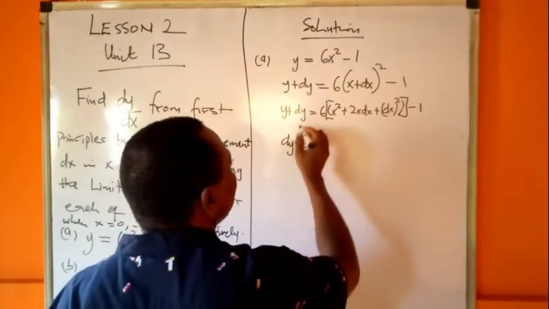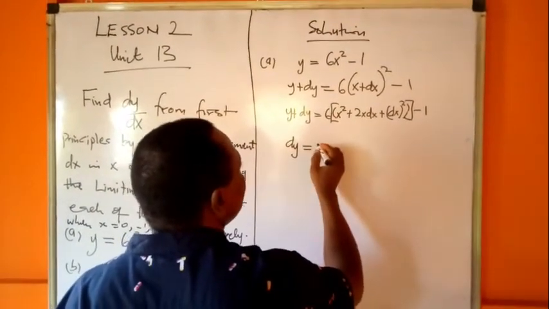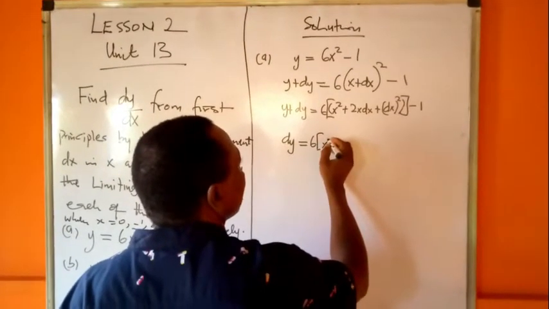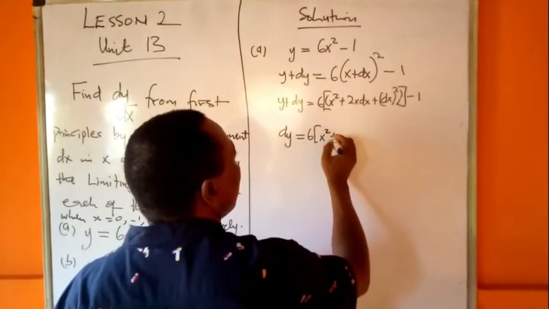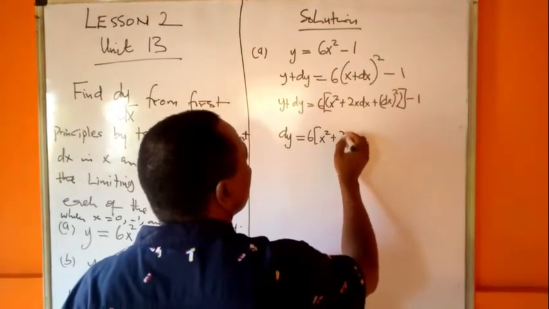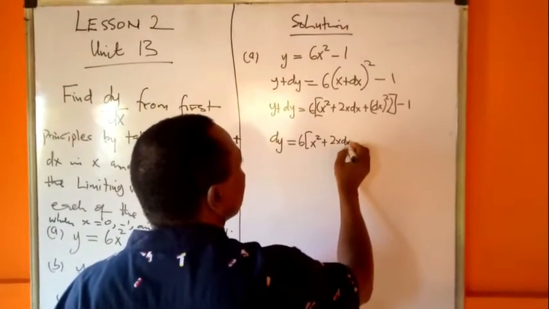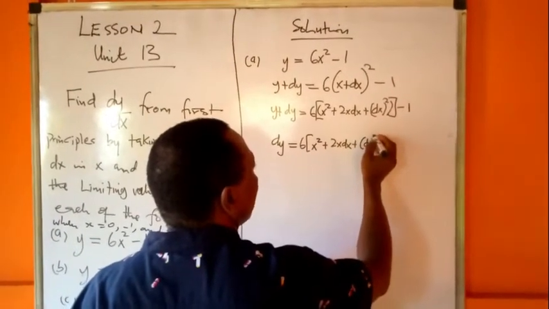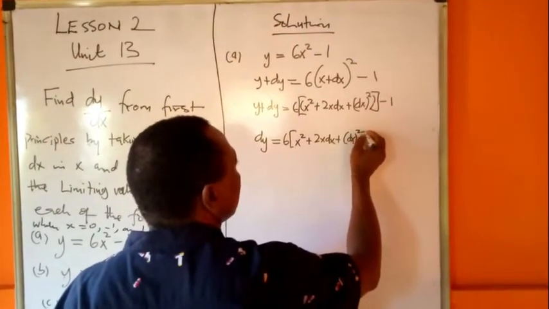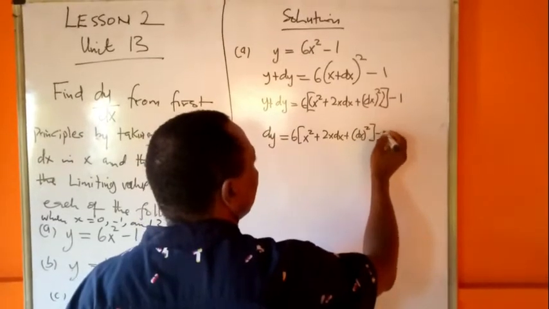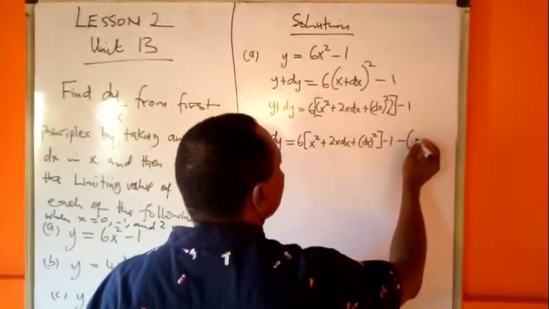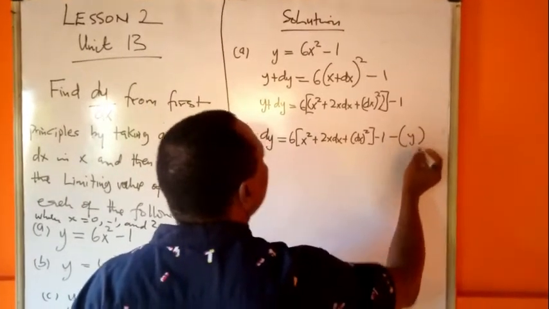So we can now say that delta y is equal to 6 into x squared plus 2x delta x plus delta x all squared, minus 1, minus y.